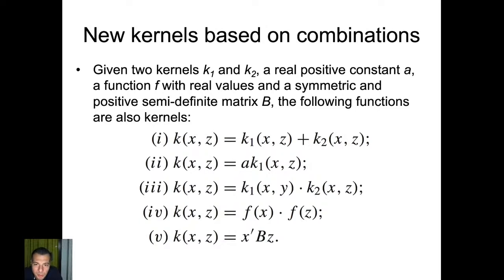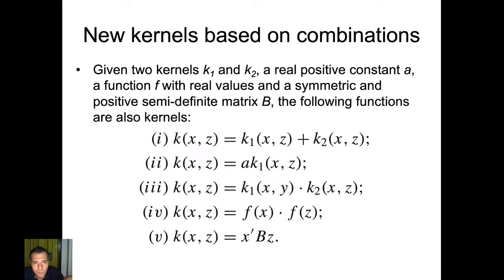So for example, you can obtain a new kernel function by summing up two kernel functions, or by multiplying a kernel function with a scalar, or by computing the product between two kernel functions, or by applying some function on top of the input data samples X and Z, and then doing the product between the values returned by this function.